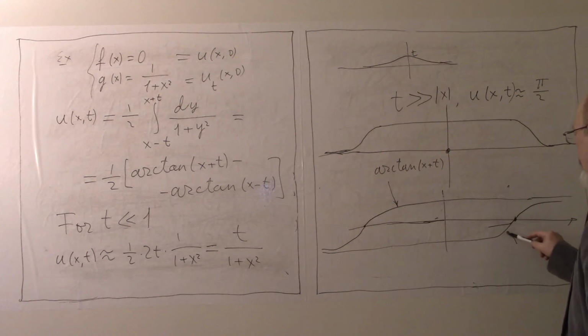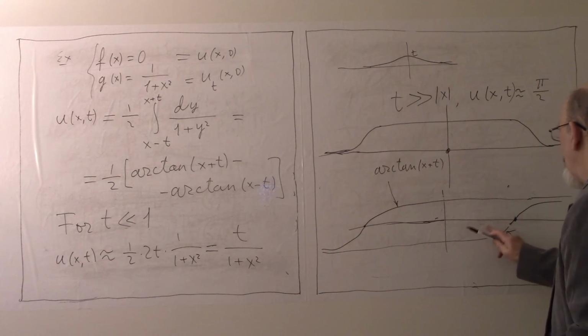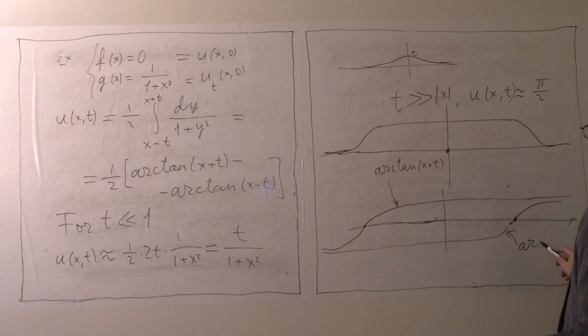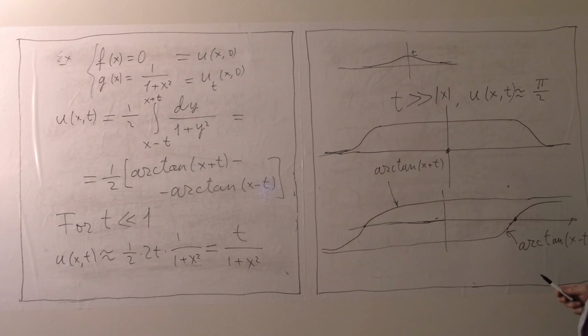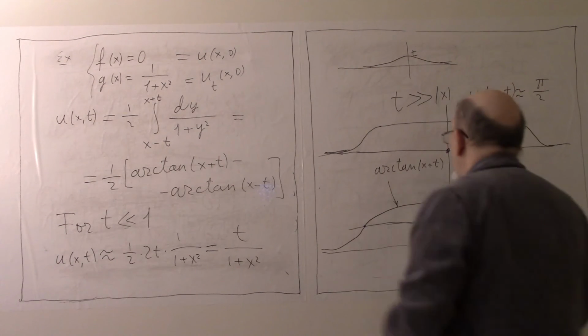So we have these two functions, and they are moving when t grows. This one is moving to the left, and this one is moving to the right.